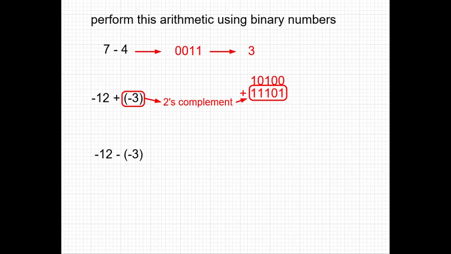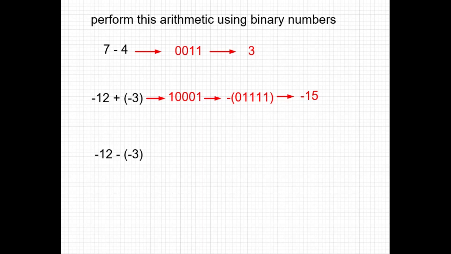We find the 2's complement of 12, and then the 2's complement of 3. Adding them, we get this. And we see from the MS bit that it's a negative value. So we do the 2's complement conversion and find that, happily, it's a -15.